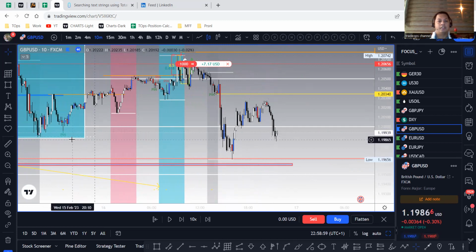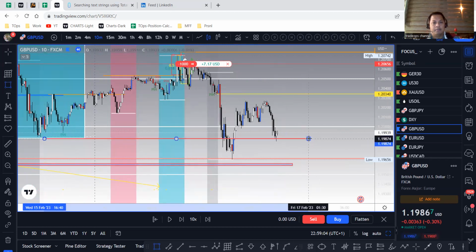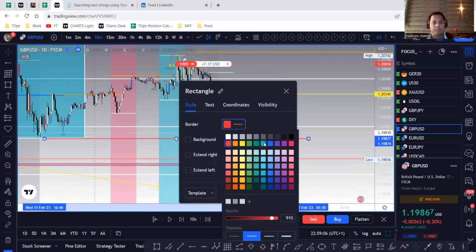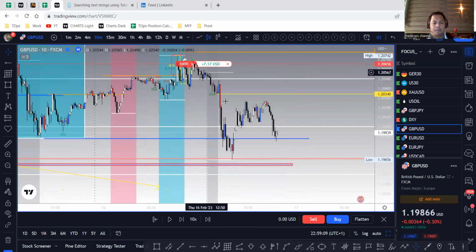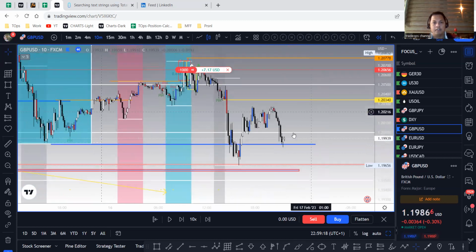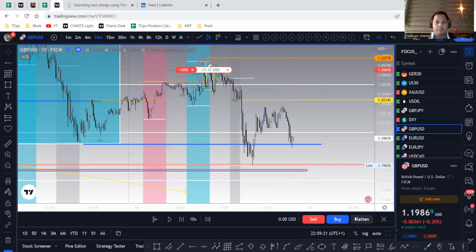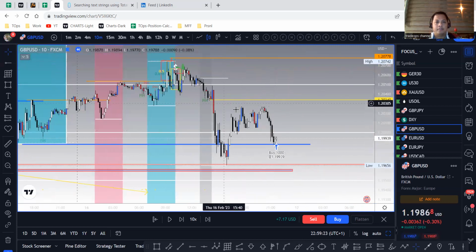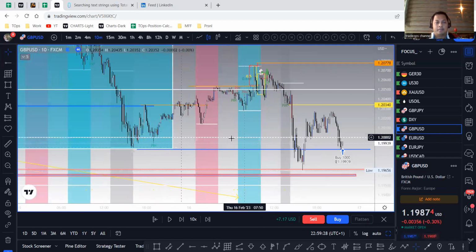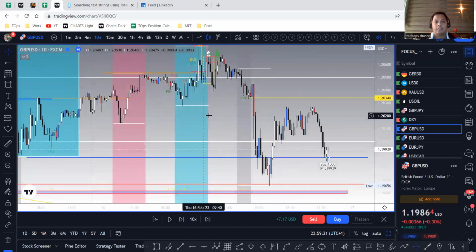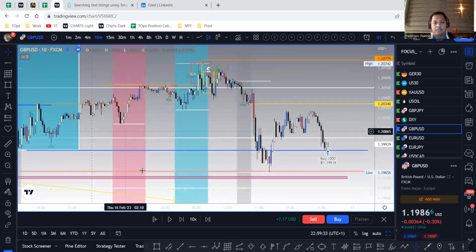So ano nangyayari dito basically ay ini-stop hunt niya yung mga may stop losses sa previous day low. So, it's a target of everyone. So, pagka hit niyan, so may mga naglo-close ng trade kaya umaangat yung price. Pero mayroon pa rin nagsisell kasi downtrend nga yung trend for the day. So, ayan, flatten. This was a very good setup for today. Okay, so that's it.